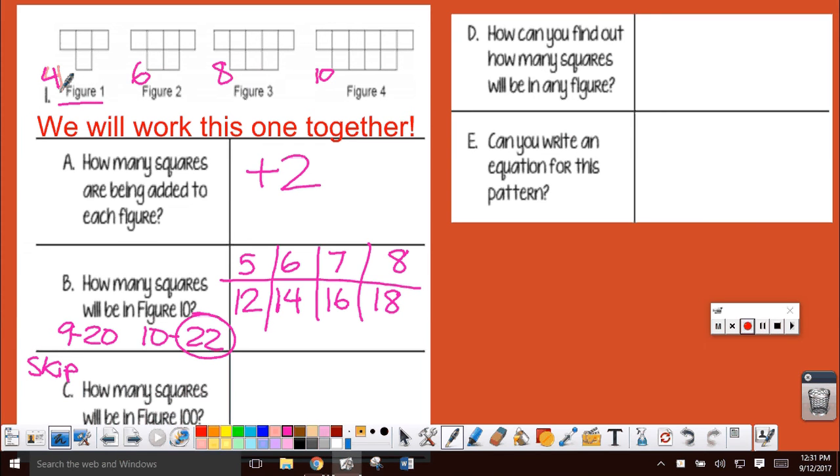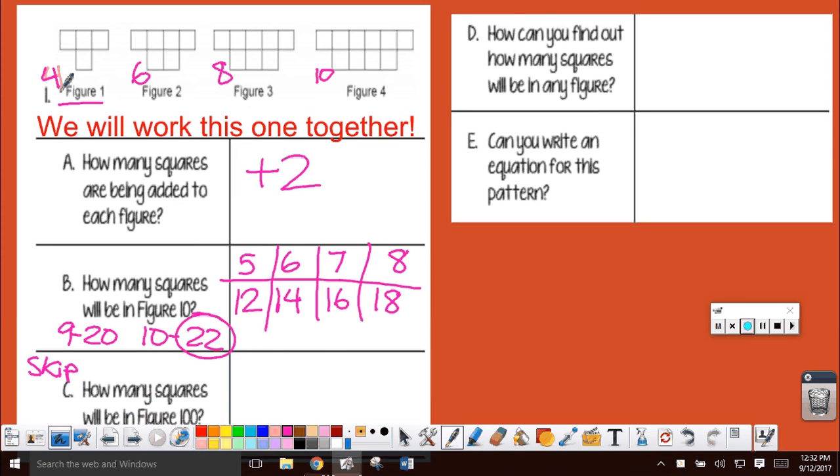So let's try multiplying. Okay, figure 1 times 2 is 2. Then how many more do I need to get to 4? 2 more. So we did 2 times the figure number plus 2. So let's try that again. 2 times 2 plus 2 is 6. So does that work? Yes.